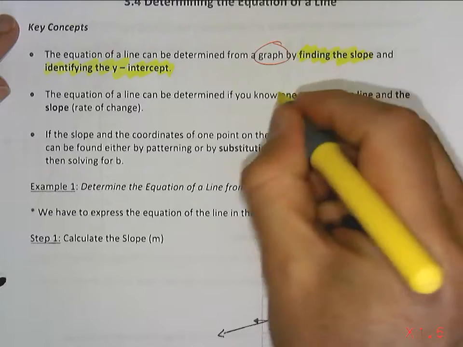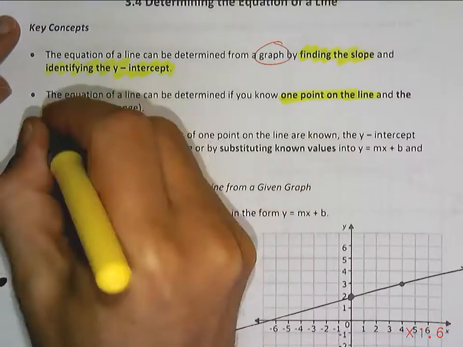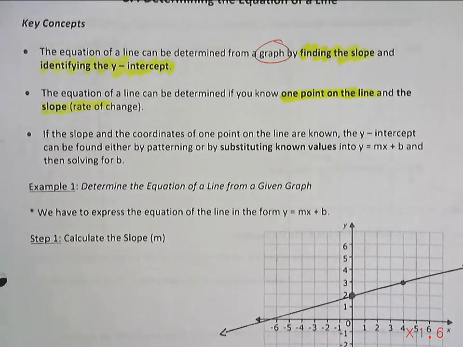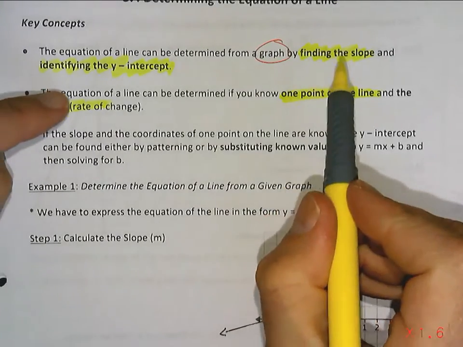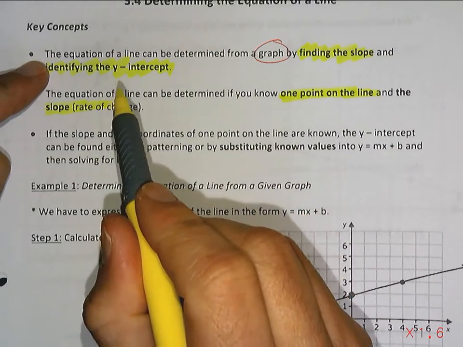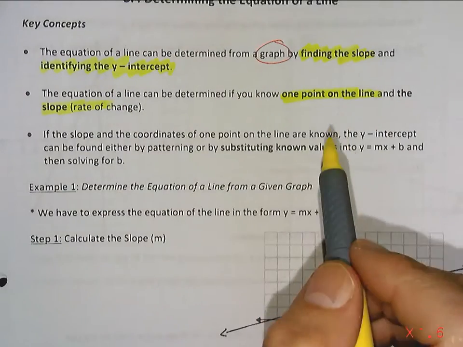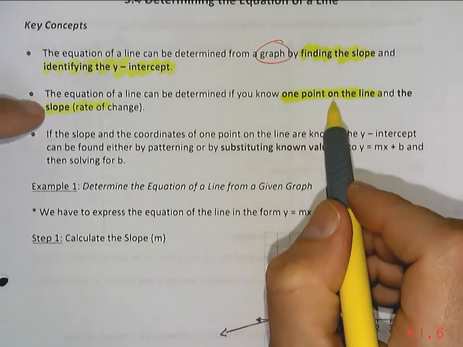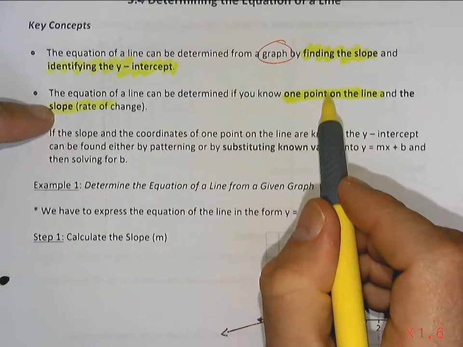If I know one point on the line and the slope, I can also come up with the equation of a line. So I can do it if I know the slope and the y-intercept, which is a specific point. I can figure out the equation if I know a point, any point, and the slope.